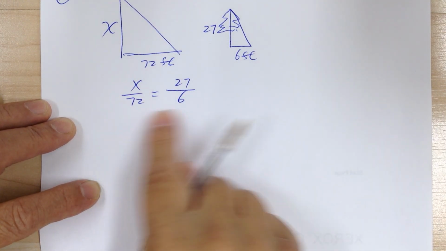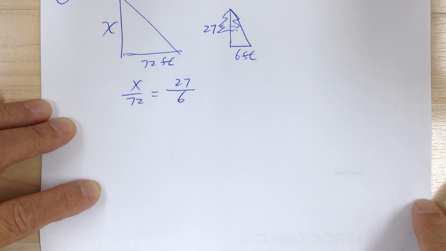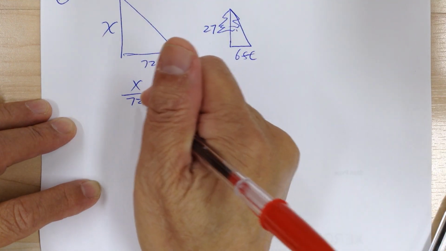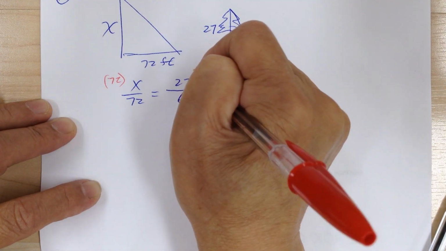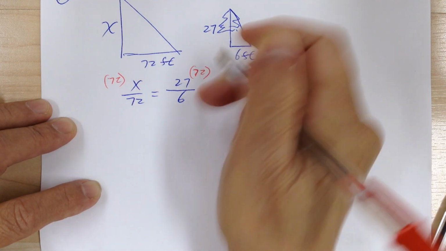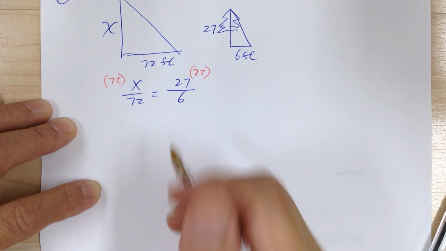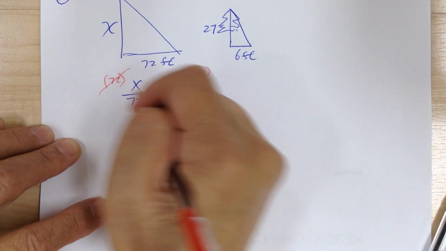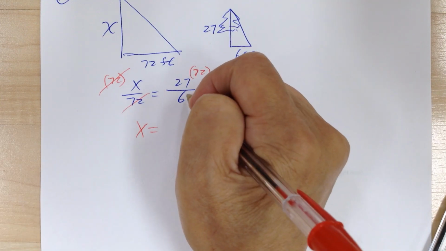Now for this type, you don't want to cross multiply, because when you cross multiply, you have an extra step. When the variable is on the top, the easier thing to do is just get rid of 72, so just multiply by 72 on both sides. You cross multiply only when you have the variable in the denominator. So now this will cancel out, and you got x equal to, now this one you can use your calculator or you can reduce.